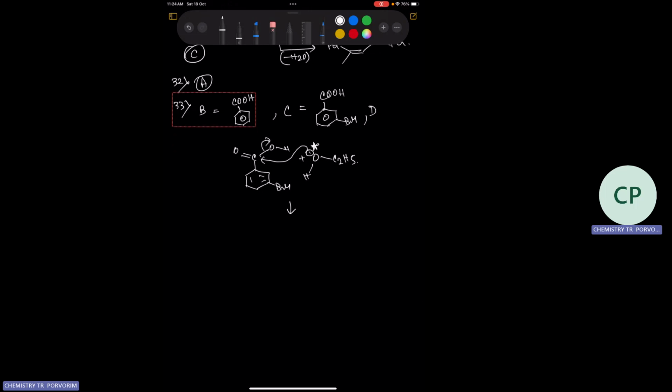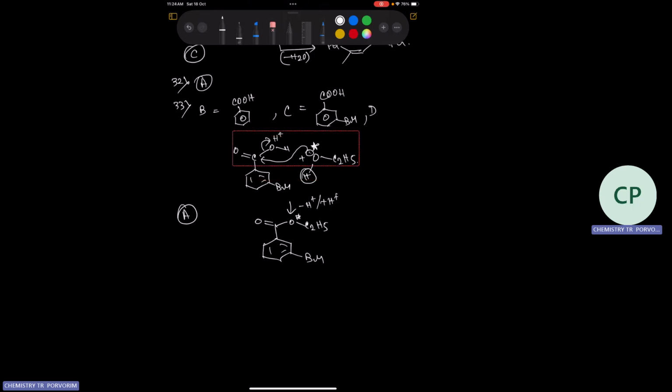So our product should be C double bond O, O C2H5, minus H plus, or we can write plus H plus. Minus H plus from here, plus H plus from here. So we are getting our product, this one with bromine. So our option should be A.